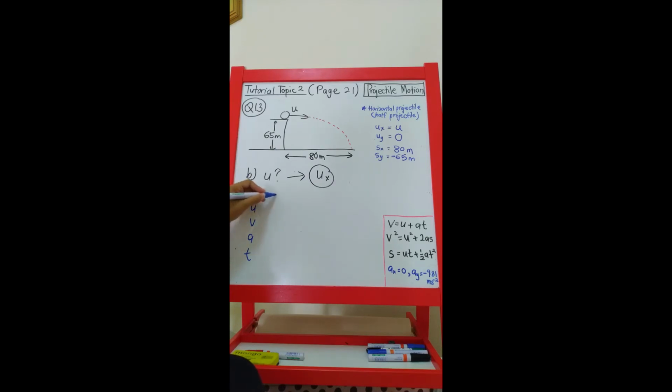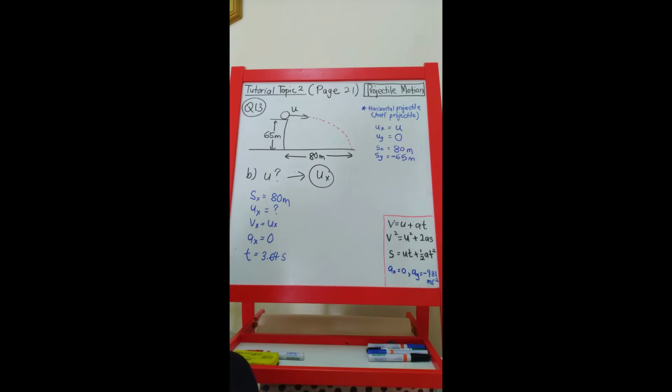So Sx equals 80 meter, Ux is what we're going to find. Vx always equals Ux. Ax equals 0, and time is 3.64, which we obtained from part A.